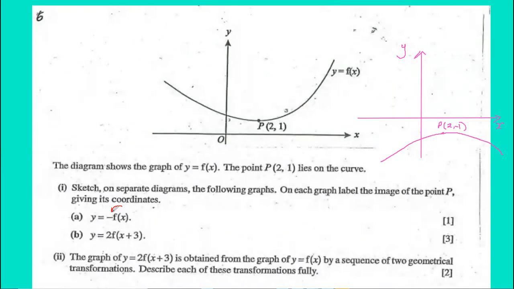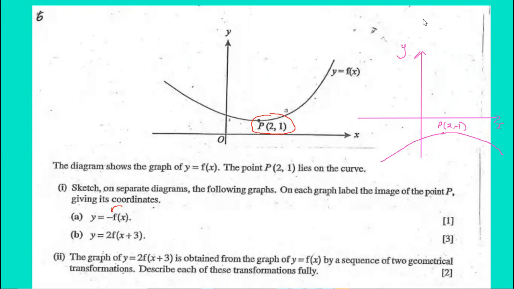That means all of your y coordinates are going to be multiplied by -1. So here you can see your point P, your y coordinate has been multiplied by -1, which in other words means that it's a reflection in the x-axis.